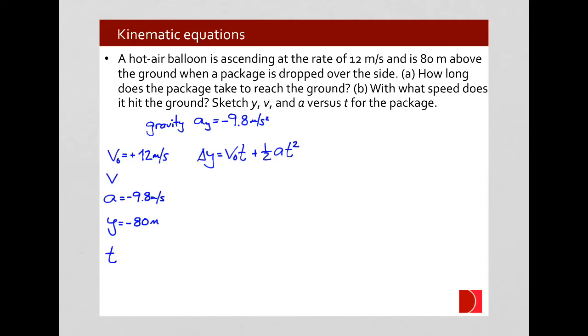Here we have negative 80 meters is equal to 12t plus 1/2 times negative 9.8 t squared. This is a quadratic equation, so we can rewrite it into terms that are easier for us to use.